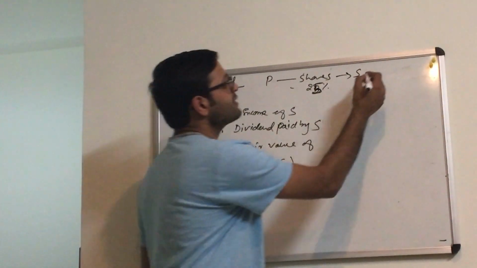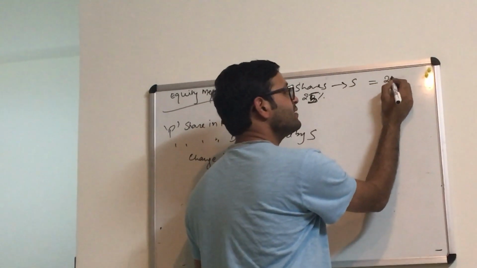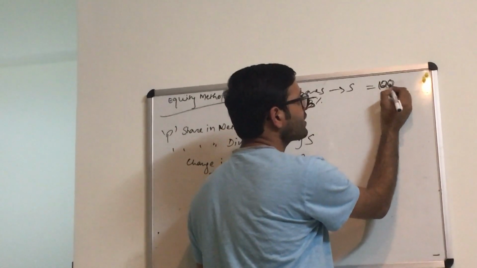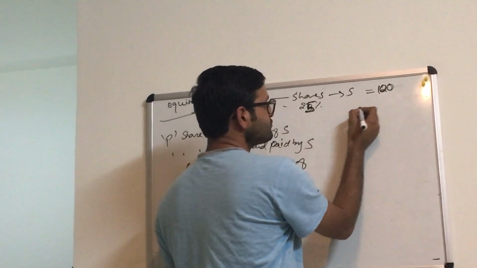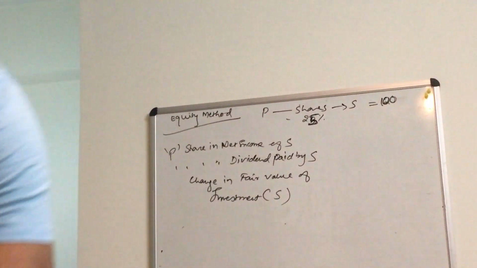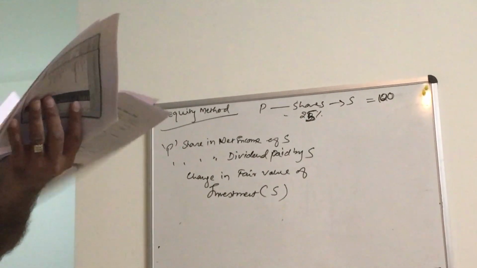For example, let's say we invested for 25%, and we paid $100. The example has some value, so I can pick it from there rather than devising my own numbers.